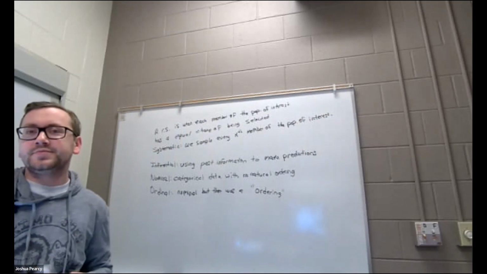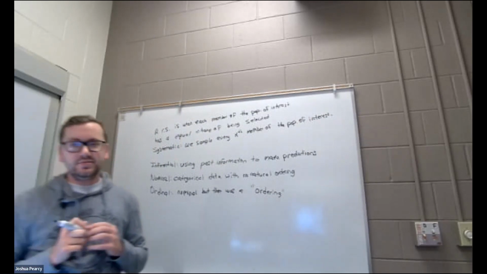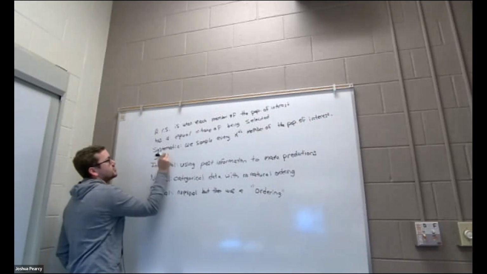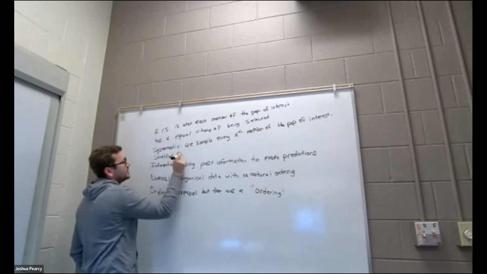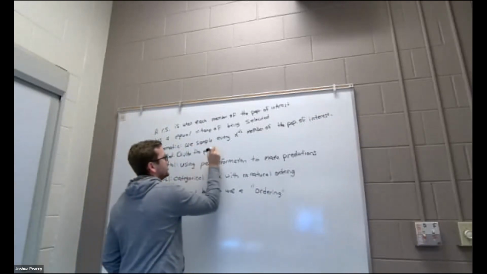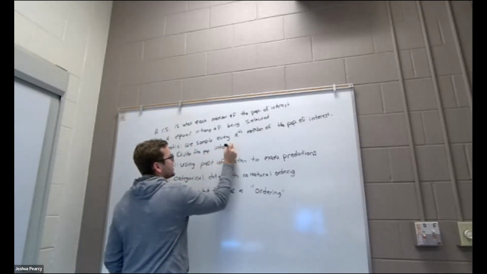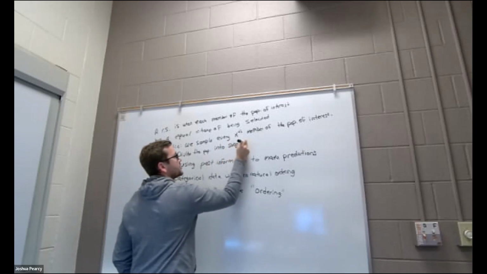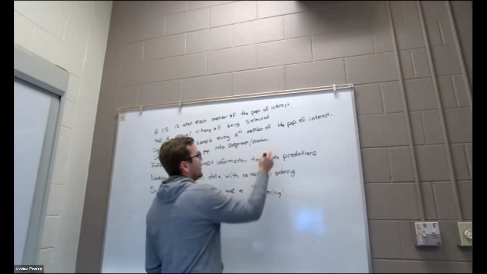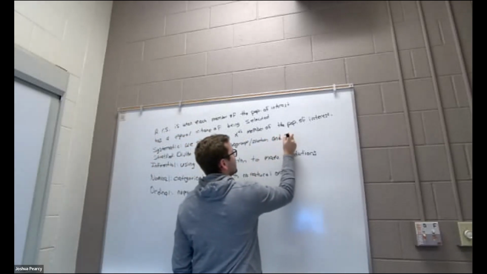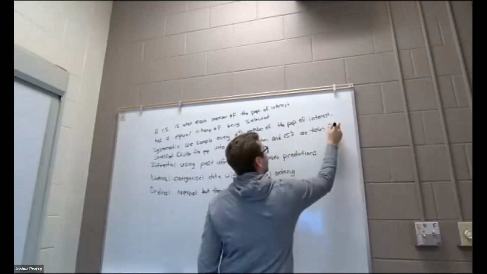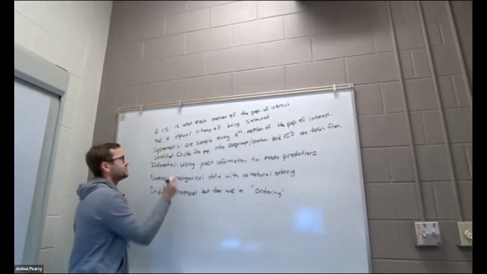And then stratified, what was that? With stratified, you divide the population into subgroups, which are also known as strata, and random samples are taken from each group or each subgroup.